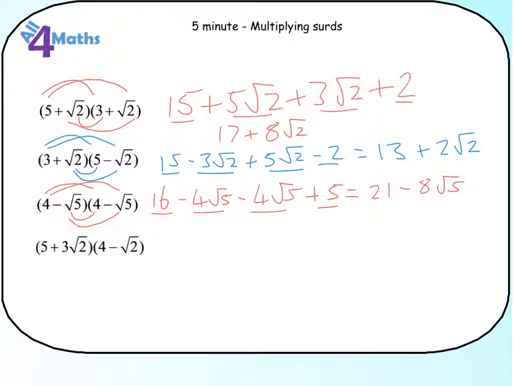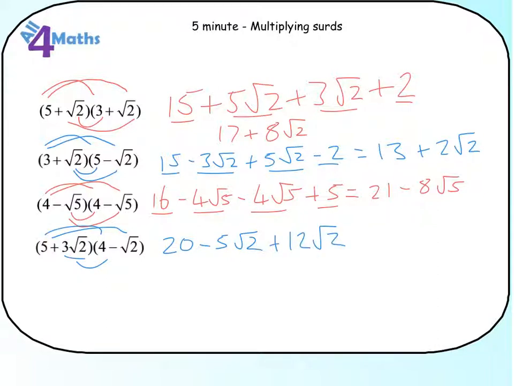The last example then, just yet one more question that's a little bit more tricky because of the 3 root 2, but it's just following the same process. So we've got 5 times by 4, which is 20. 5 times by minus root 2, which is minus 5 root 2. 3 root 2 times by 4, which is plus 12 root 2.